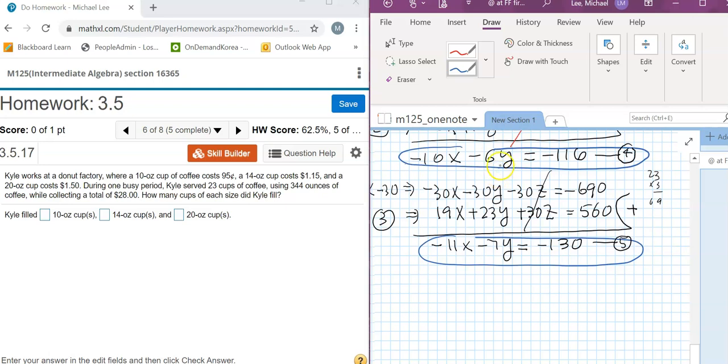So I'm going to make 42y. This 42y, this one 42y. So number 4 times 7 is negative 70x minus 42y equal to 116 times 7.